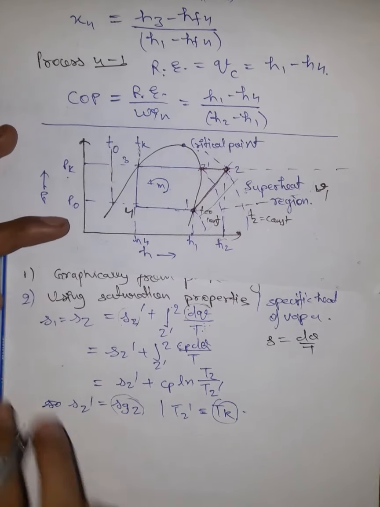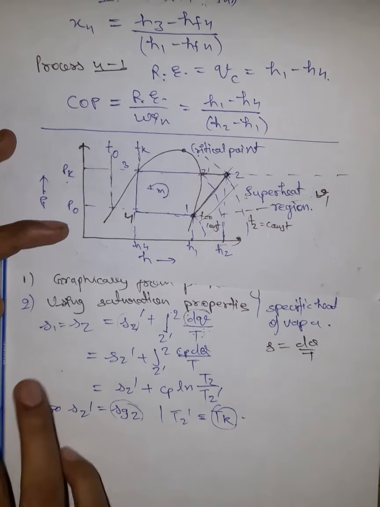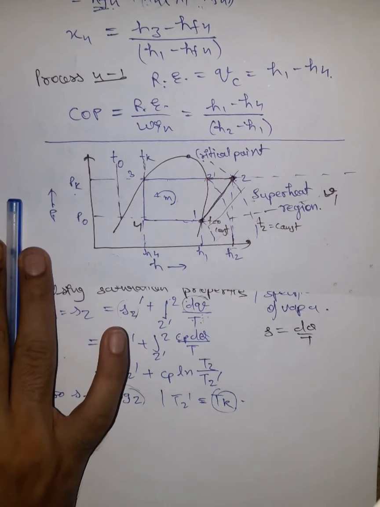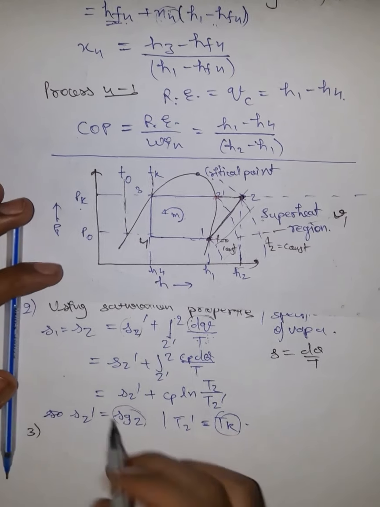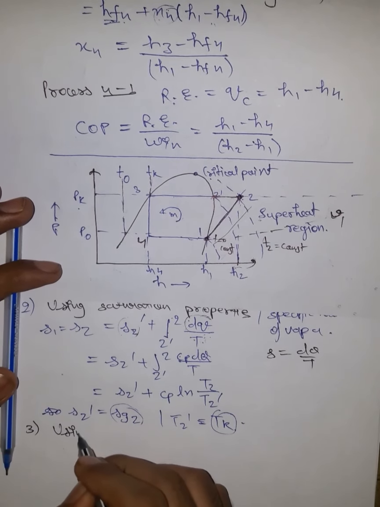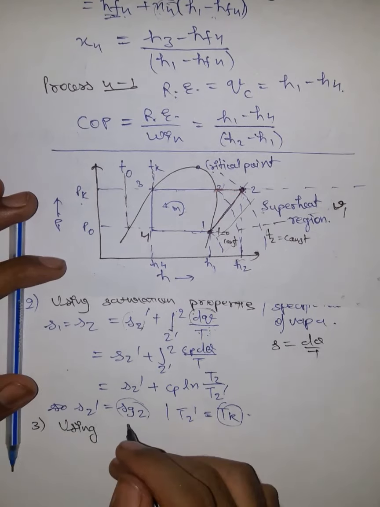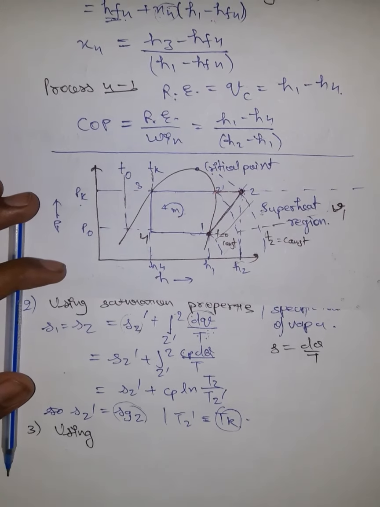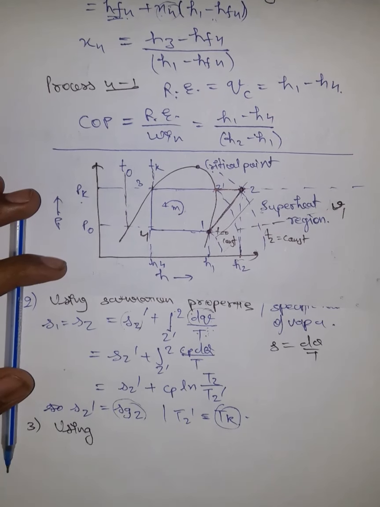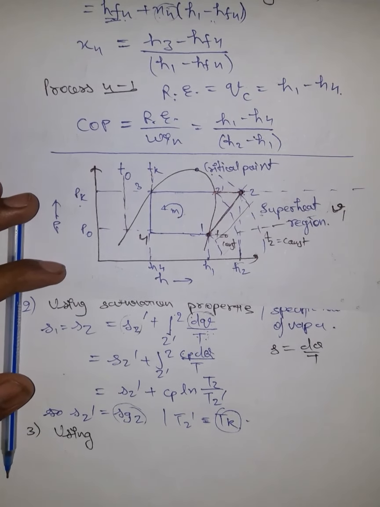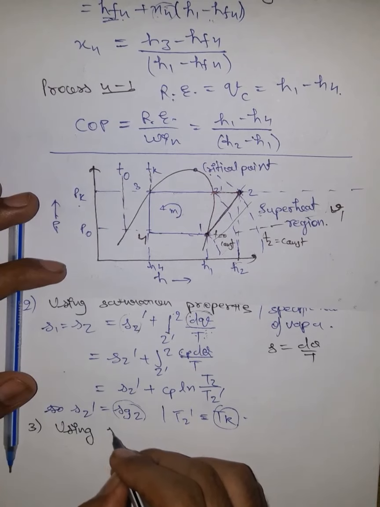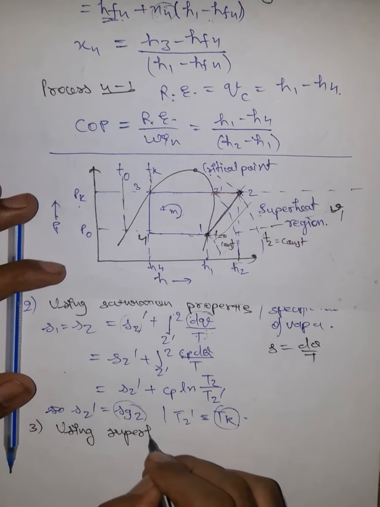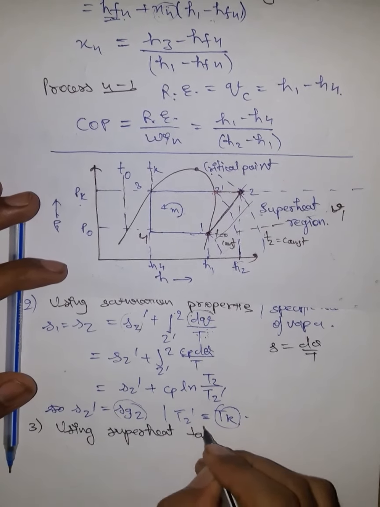So this was the second method, and the third method is using the superheat tables. Now what are these superheat tables? These superheat tables contain the various values of specific enthalpy, specific entropy, saturation temperature and saturation pressure. Using those superheat tables you can find the temperature T2.